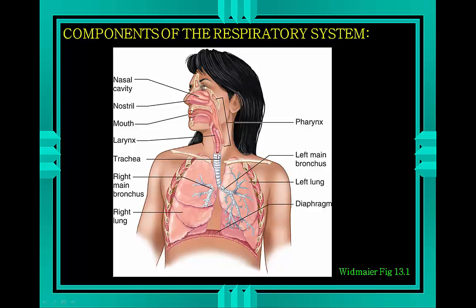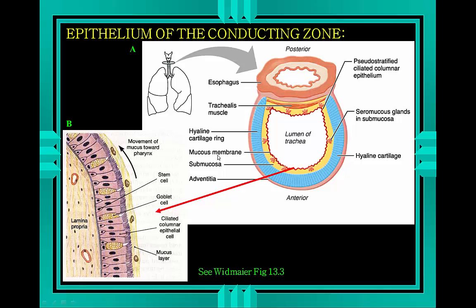But again, don't get too hung up on those particular dimensions. If we look at it in more detail, which I will in this slide here, taken from Widmaier, figure 13.3 of your textbook, here we have a section of the trachea, and an enlargement of the wall of the trachea on the bottom left of the overhead, which I'll get to in a moment.